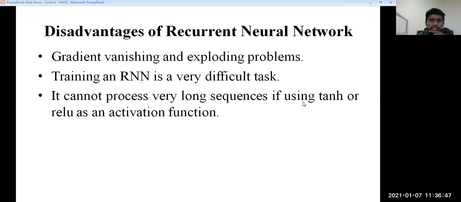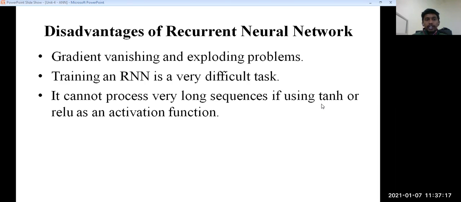Talking about the disadvantages of recurrent neural networks, there are gradient vanishing and exploding problems, which are in-depth concepts of RNN. Whenever a network is processing input data through a number of hidden layers, there can be a problem of gradient vanishing and exploding, which may lead to misclassification or wrong outputs.